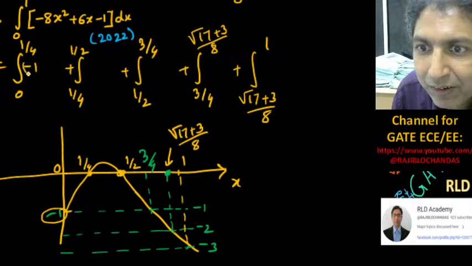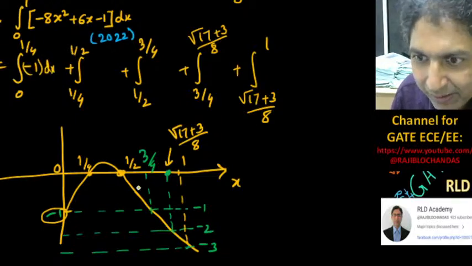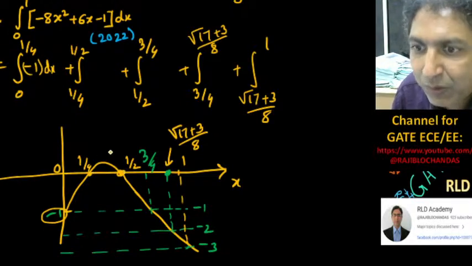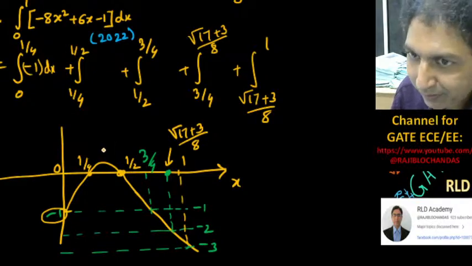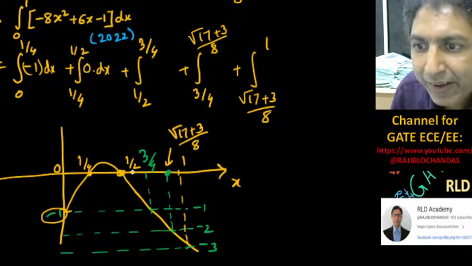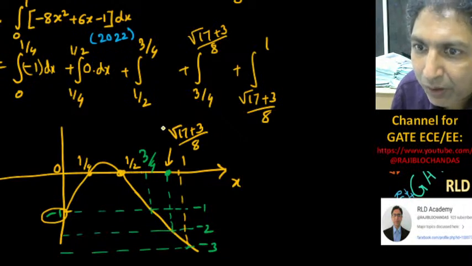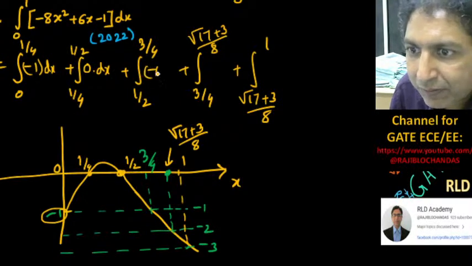Minus 1 times dx. Now 1/4 to half, this is less than 1, so it is within 0 to 1. So it is 0 into dx. Then half to 3/4, its value will be again 0 to minus 1. So it is minus 1 dx.